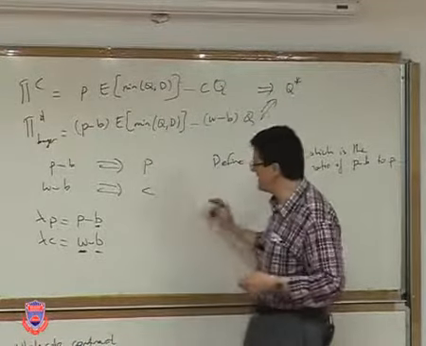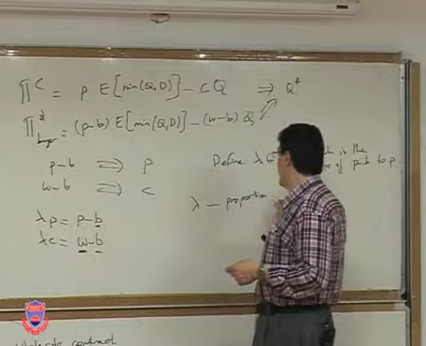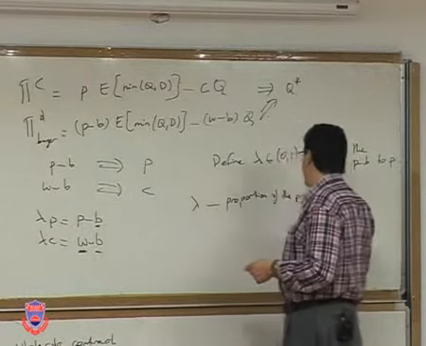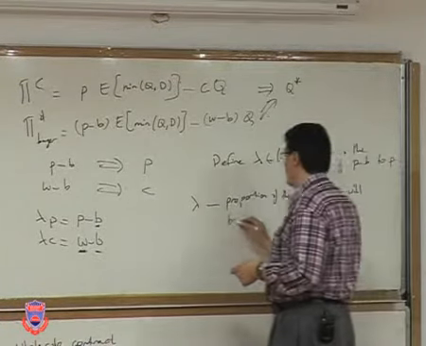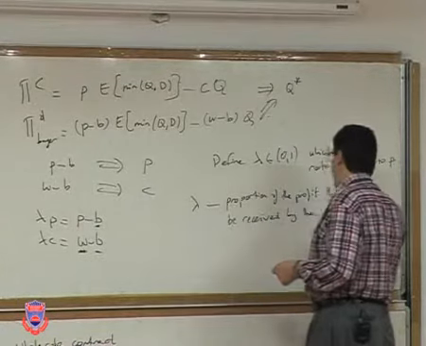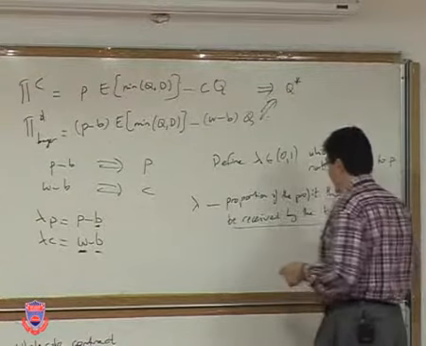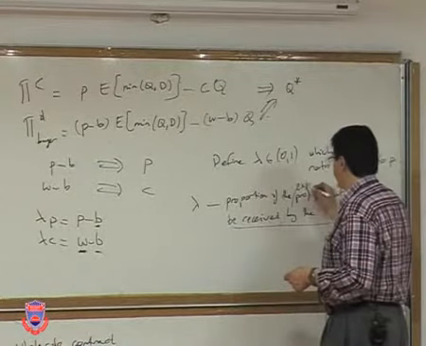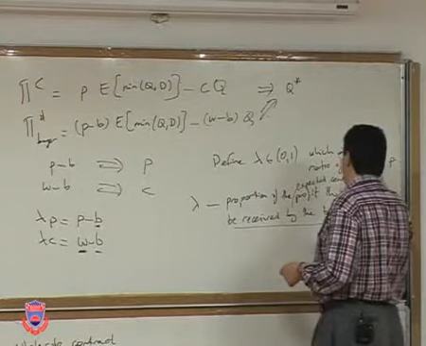Okay, so lambda is actually the proportion of the profit that will be received by the buyer of the expected centralized profit, of course. Okay?